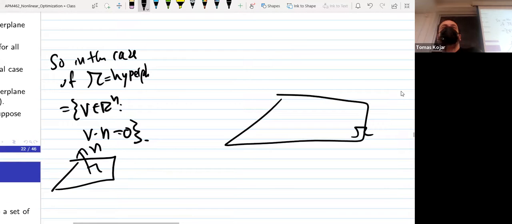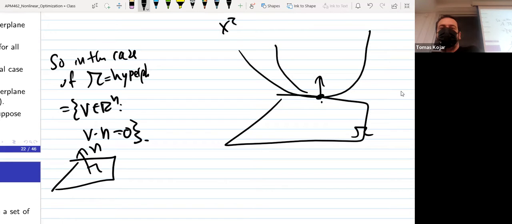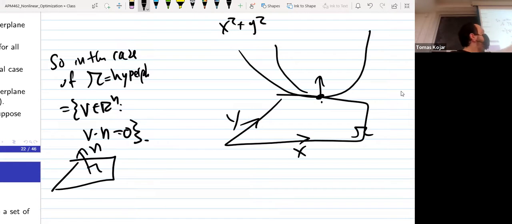This is omega, and then take the parabolic guy, x squared plus y squared. This is the y, this is the x. So over omega, you just look at the 0, 0. And this guy is normal to this plane. Okay? All right, good.